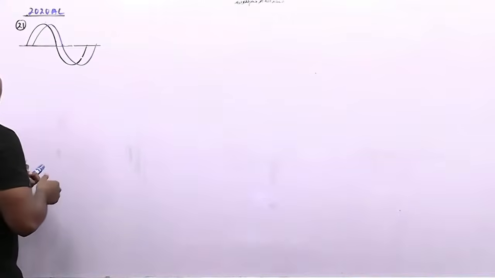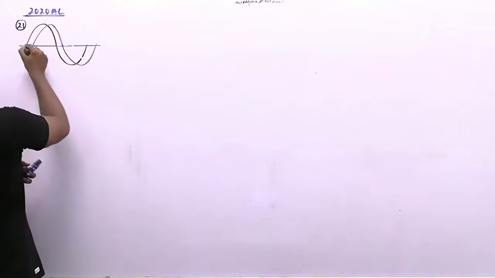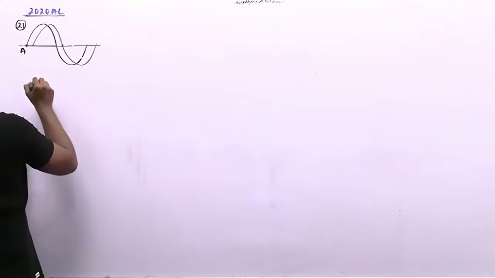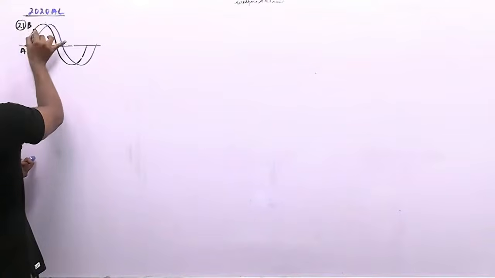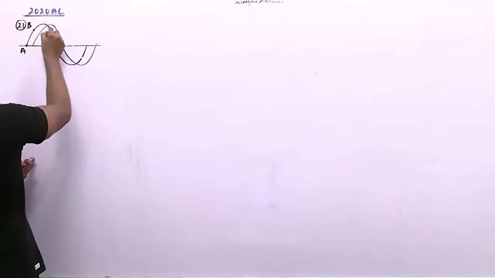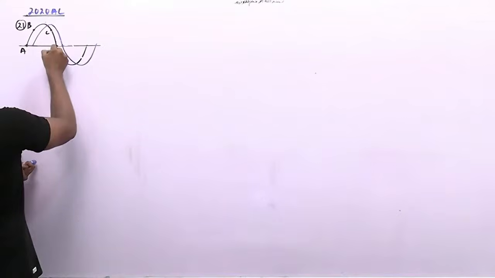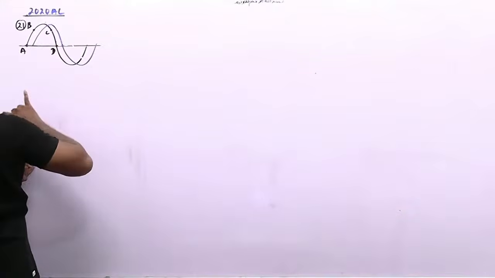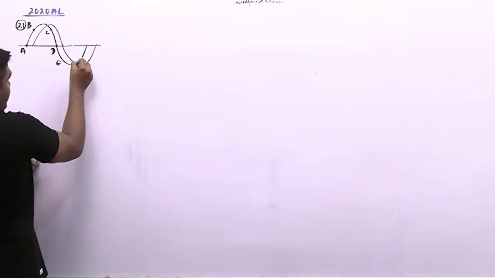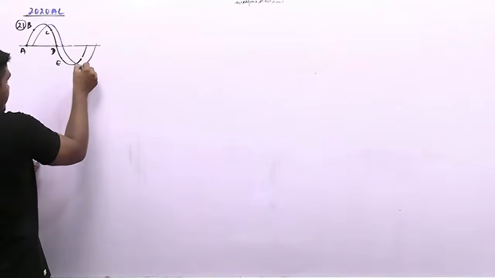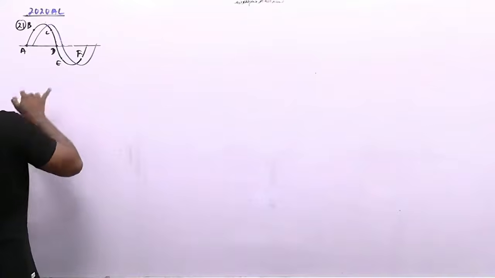Here is medium particle A. Medium particle B is somewhere here, and C somewhere here. Medium particle D will be here, medium particle E here, and then medium particle F here.